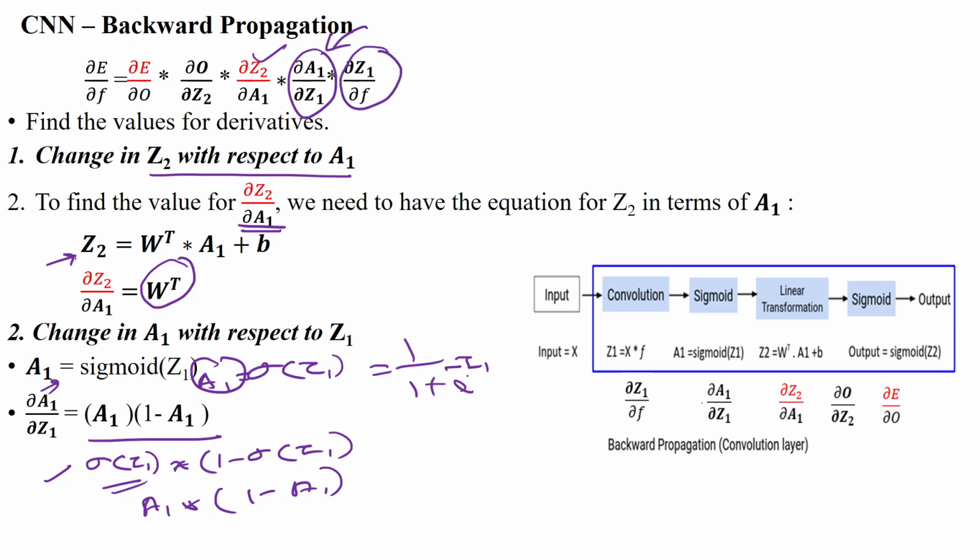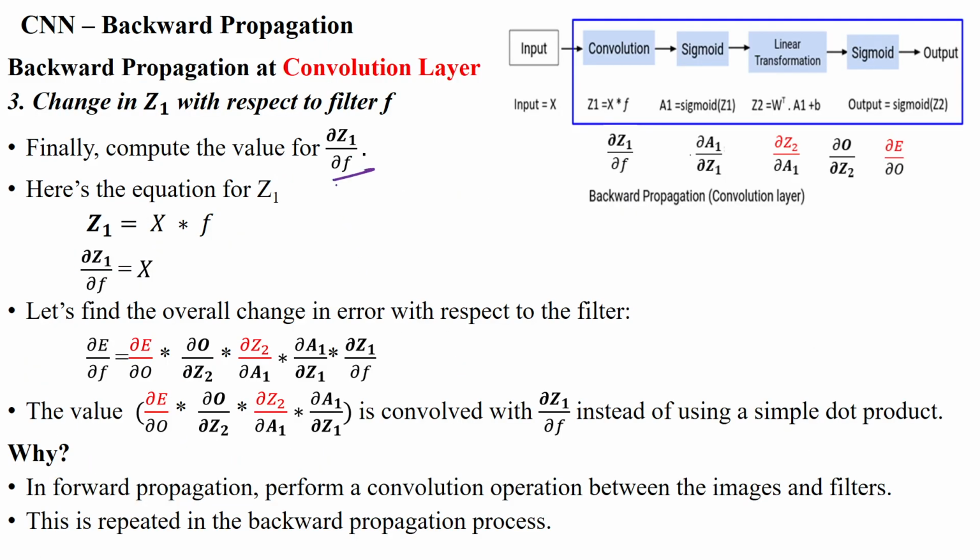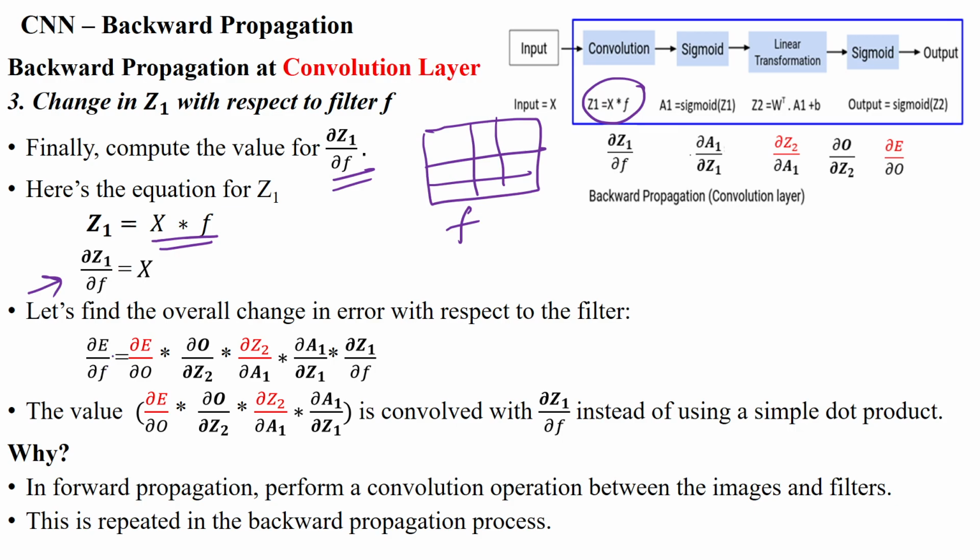So this is also calculated. Finally we have to calculate dou g1 divided by dou f, that is, the filter values we have to update. The filter will have many parameters based on whether it is 3 by 3 or 2 by 2, so we have to update all the parameters. Here we have the equation g1 equal to x into f, so when you apply the partial differentiation, you will get the capital X. X is again a matrix with any number of values, x1, x2, x3 and so on up to xn.